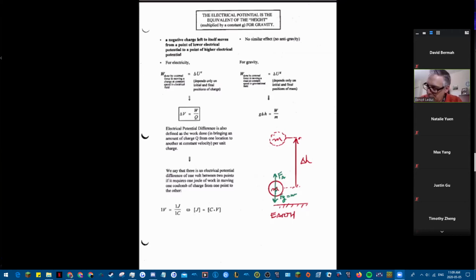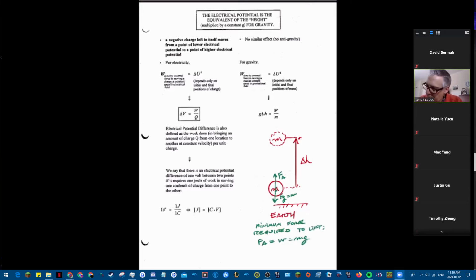So the minimum force required to lift is Fa equal to the weight, which is equal to mg.